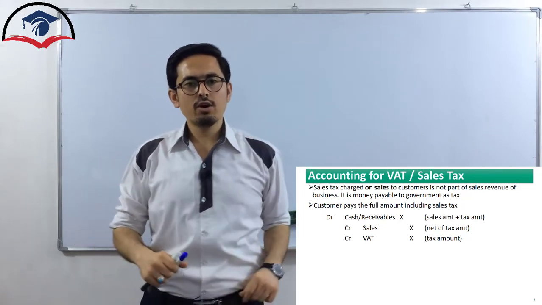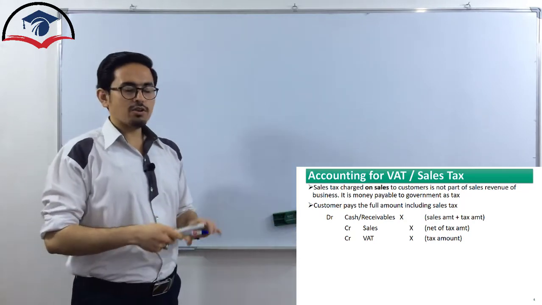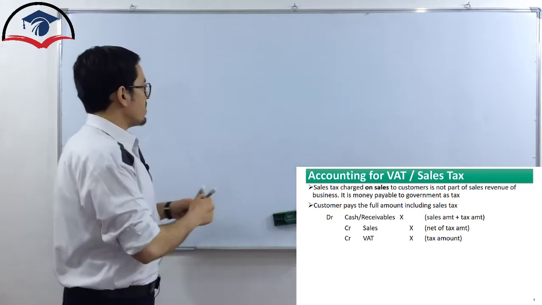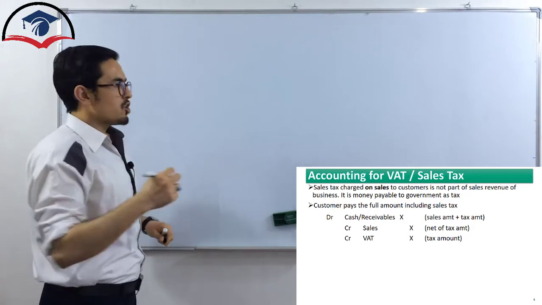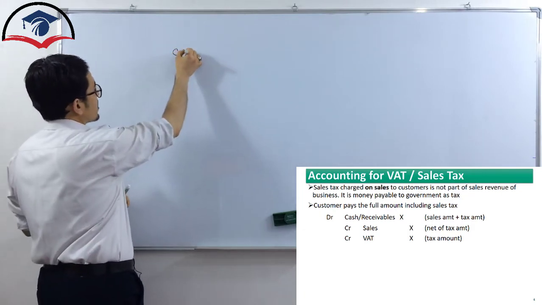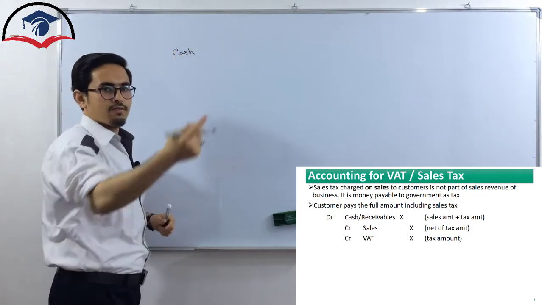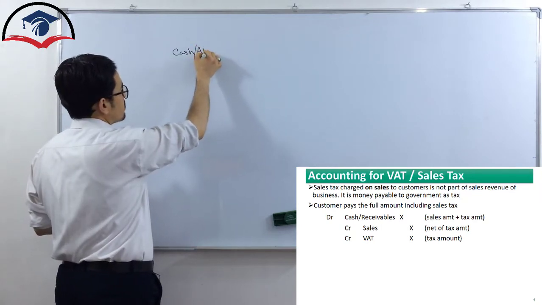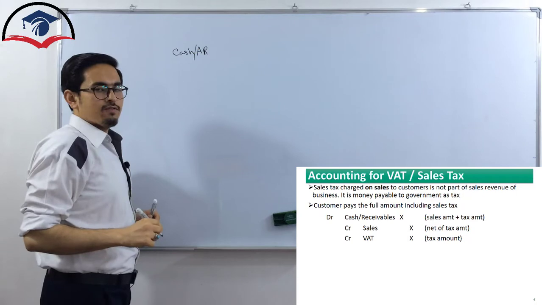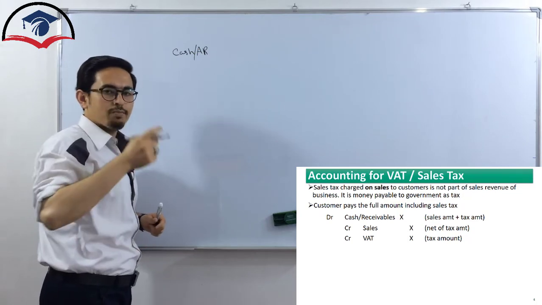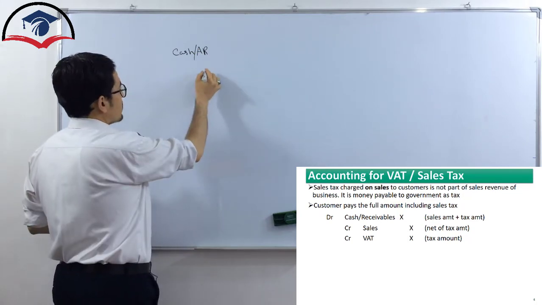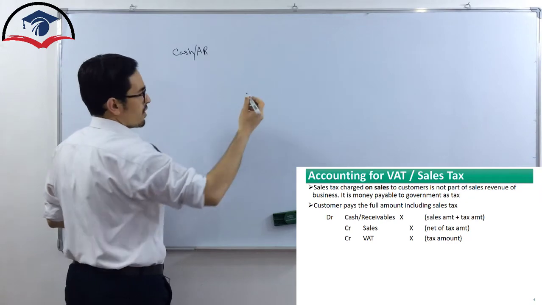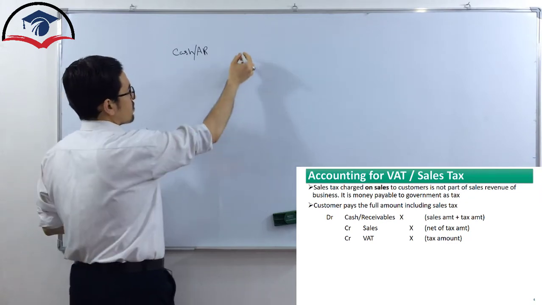But how are we going to record that? At the bottom of the screen you can see that, but let me write it on the board. In such a case, there will be a cash payment from the customer, or it will be recorded as accounts receivable of the business for future periods when they need to pay you this amount. Suppose we sold this marker for $12.